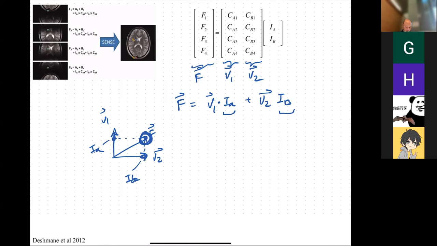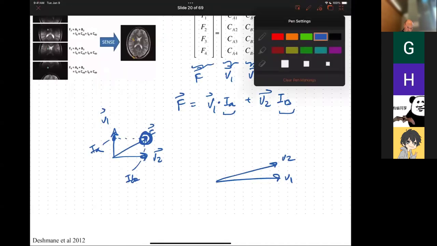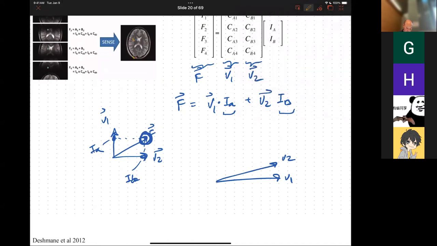But now let's say V1 and V2 are very similar. Let me change the color to make this more obvious. Let's say my vector f is here, and it's got some uncertainty like this. That means sometimes my measured value might just line up with V1, and sometimes it might line up exactly with V2, and there are all possible combinations.